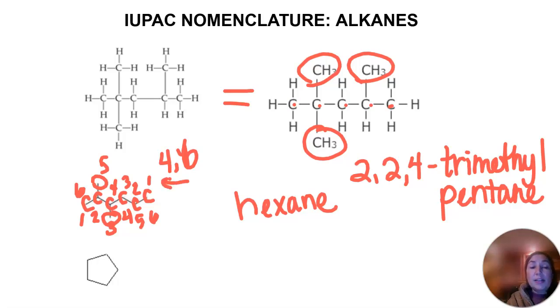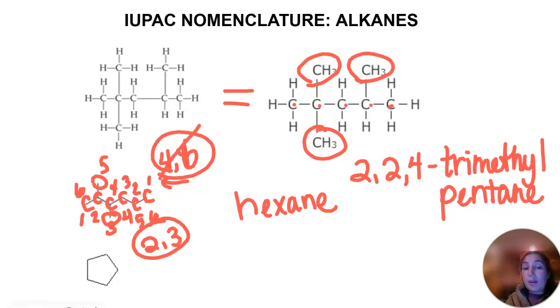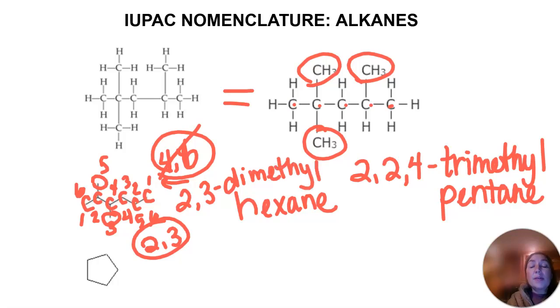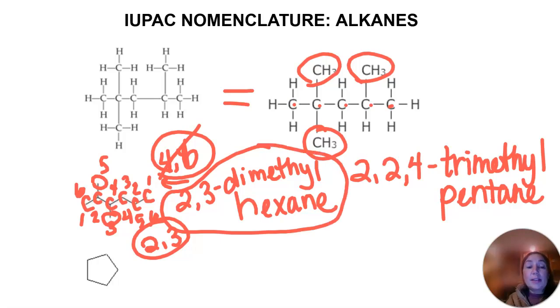And so 2 and 3 wins over 4 and 6. We want the lowest possible groups. So this one's going to be 2, 3 dash di because there's 2 of the methyls, dimethylhexane. 2, 3 dimethylhexane.